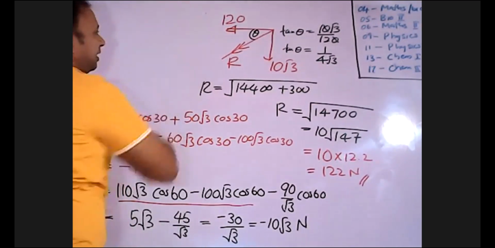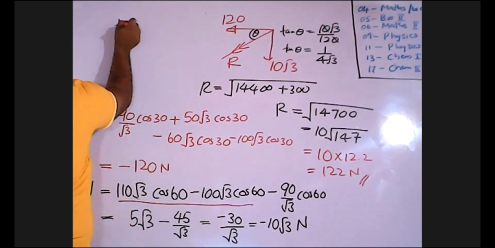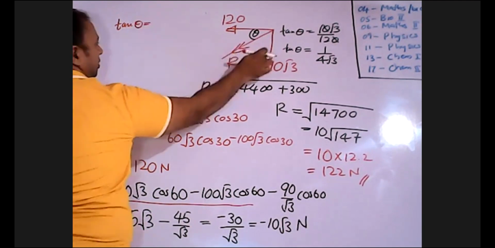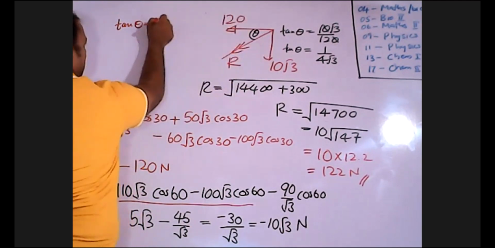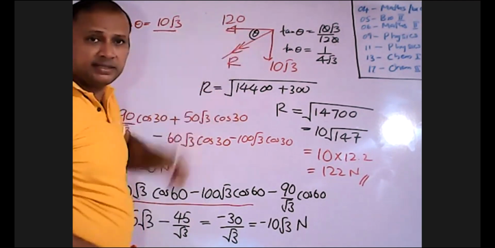The angle. The angle, tan theta is equal to y over x. Y means 10 root 3 over x.